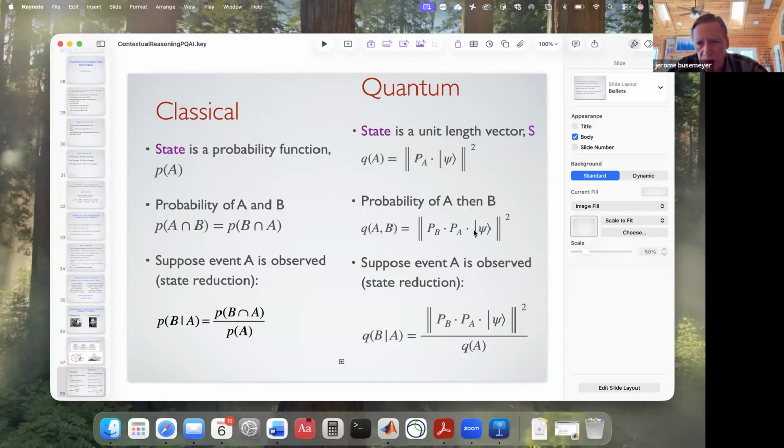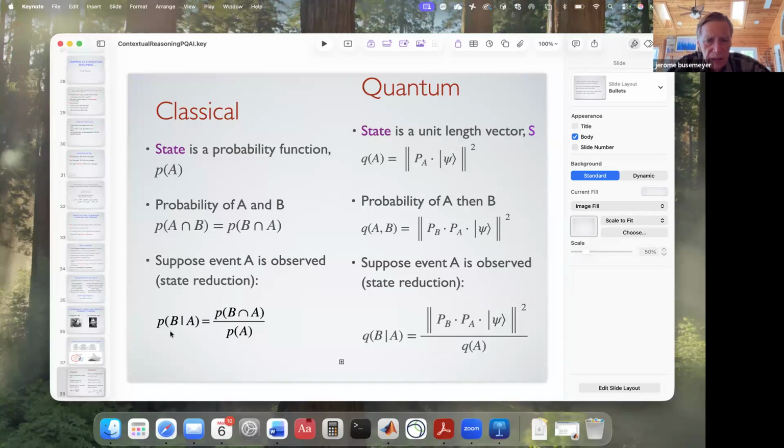But in quantum theory, it's order dependent, because we take our state, first project on A and then project on B, and we're not going to get the same result if we first project on B and then on A, if these two matrices don't commute. If they commute, we get the same result as classical. But if they don't commute, we get a different result. So quantum theory, in a way, is a generalization of classic theory, because we allow these matrices not to commute.